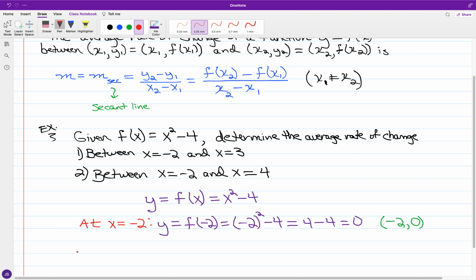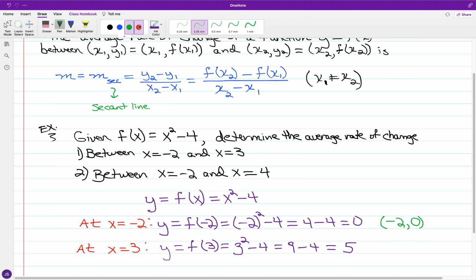And if I go out to x is equal to 3, and we have for y, y is equal to f of 3, and following through, placing 3 in for x leads to 3 squared minus 4, and 3 squared is 9, take away 4, and we have 5.